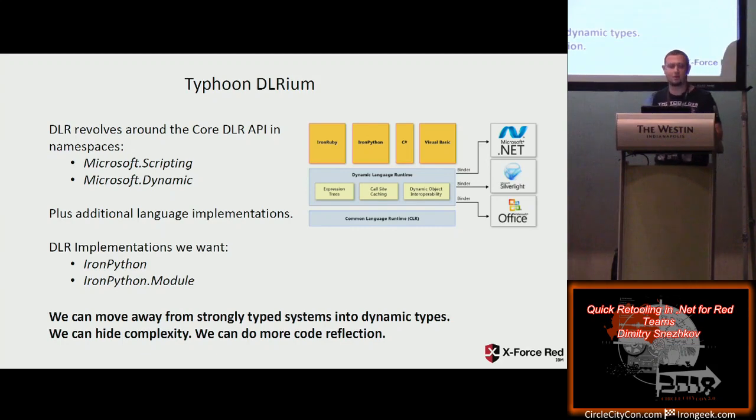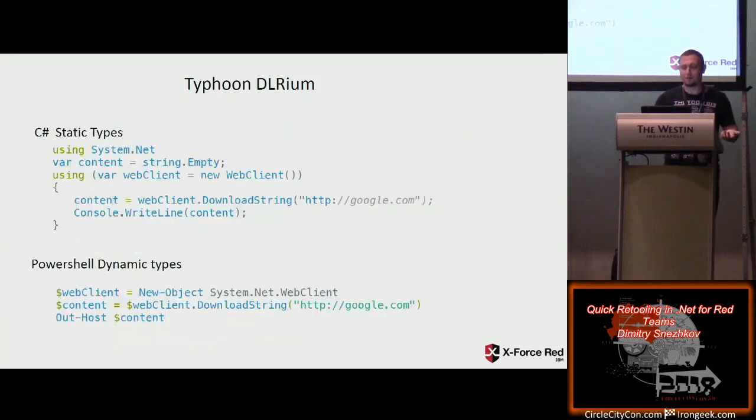IronPython is nothing more than just an overlay of the Python language on top of the DLR. We move away from strongly typed to dynamic types, which means speed of development on systems. Python is much faster to develop than C#, okay, for many reasons. And so we hide complexity. On top of it, we escape a lot of things that defense is doing to profile us.